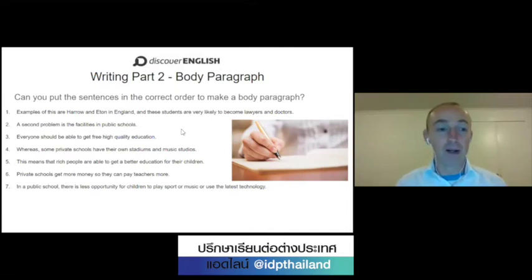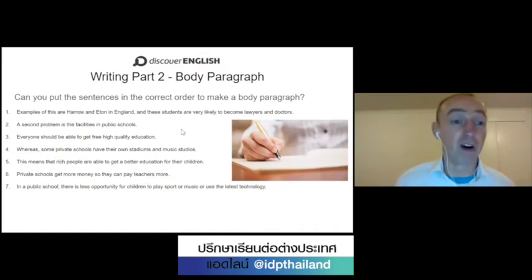Now we're going to move to point number 1. Point number 1 starts with the idea, which is 6. Private schools get more money so they can pay teachers more. That's our first idea. Now we're arguing point number 1 against private schools. Then we need an explanation of that, which is 5.